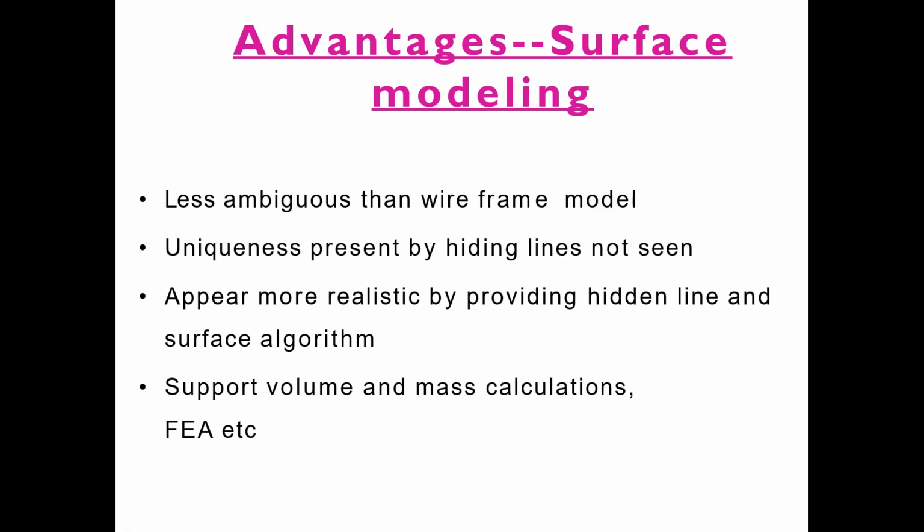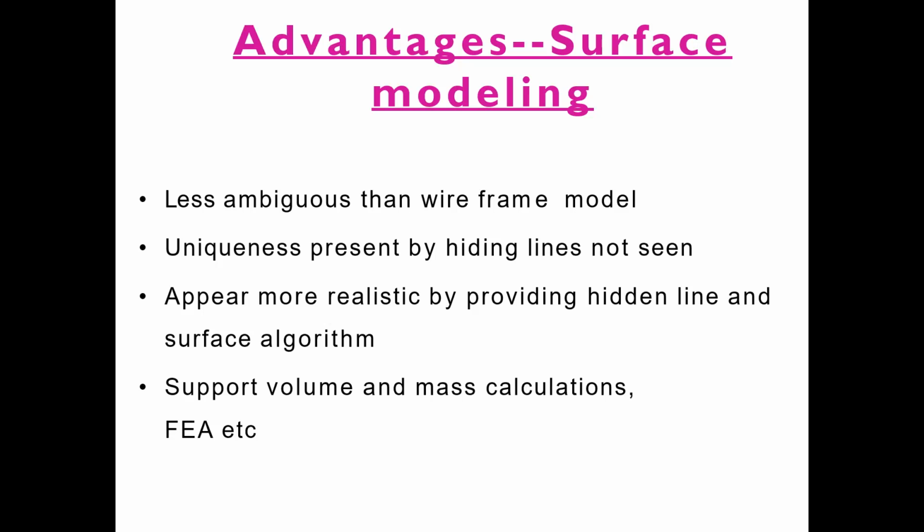And uniqueness: you can clearly identify which are the edges and which are the different corners, etc. The lines and points, arcs, etc. will not be seen here, and a more realistic appearance is shown because the lines are removed, so you can easily identify all the corners and edges.